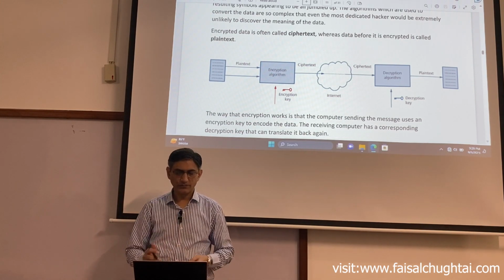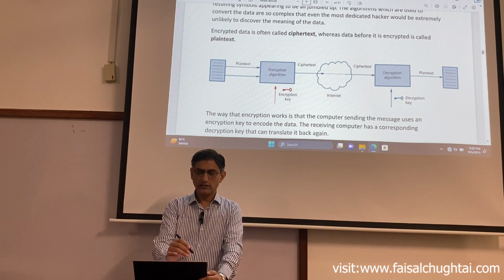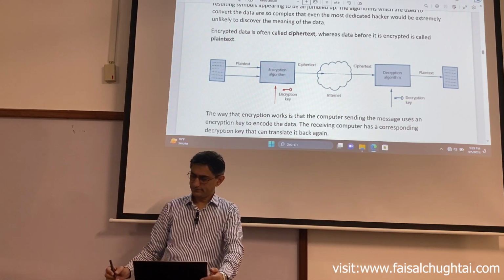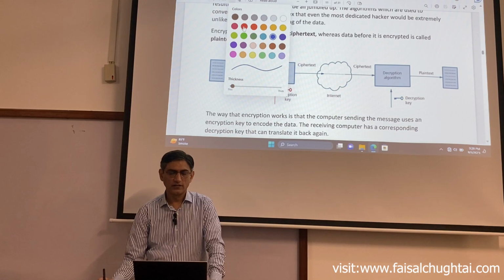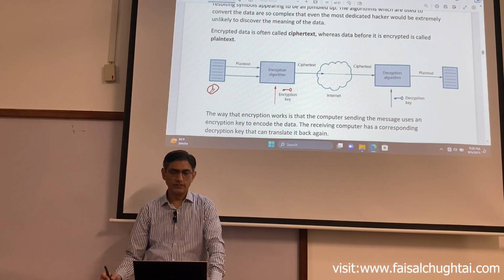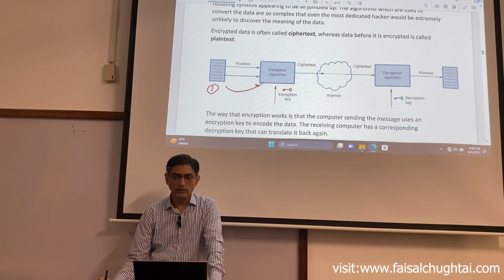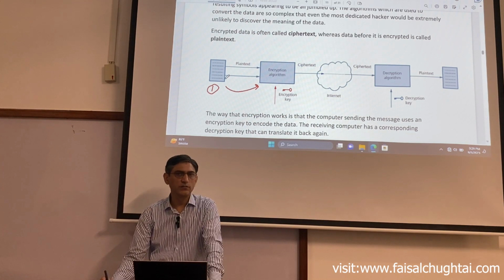If you look at it, it begins with plain text at this stage. The plain text will go through a process of encryption using the encryption algorithm, or using the encryption key. This plain text or this plain message is encrypted.